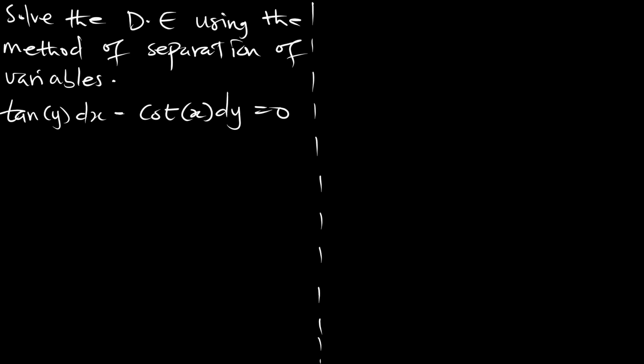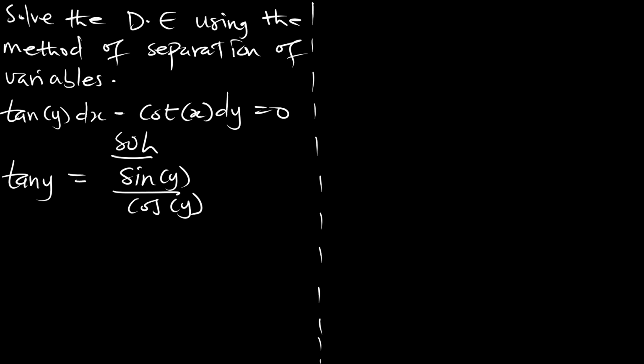So trig functions, very simple. Don't be scared. What we know is that tan y can be expressed in terms of what? Sine y on cos y. Is that true? Yes. And the opposite of this is cot, so cot of x is also going to be cos x on sine x.